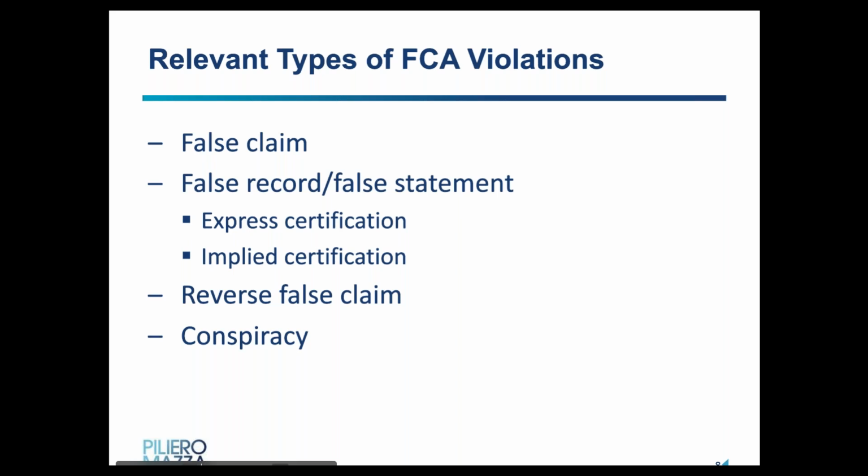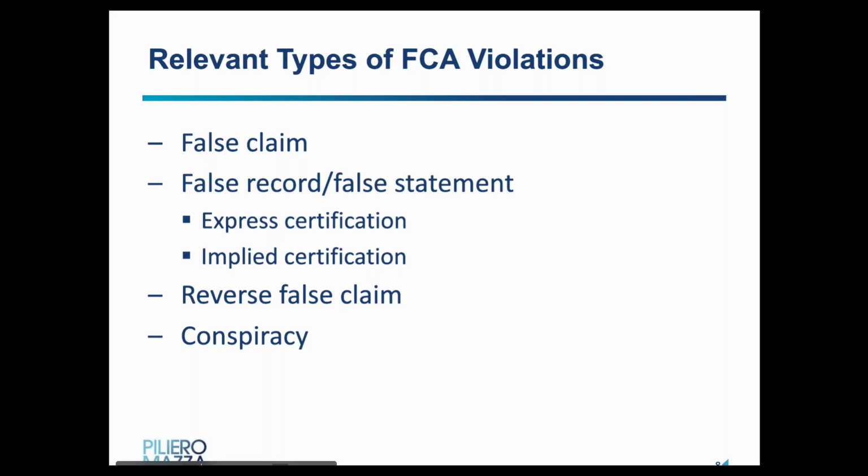Again, very quickly, when I talk about relevant types of FCA violations, you can have a false claim or a false presentment False Claims Act violation. That means you submitted a document or a request to the government to be paid. You can have a false record or false statement FCA violation. That generally involves an otherwise accurate invoice or request for payment that is supported by a misrepresentation.